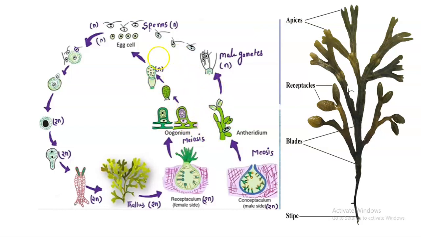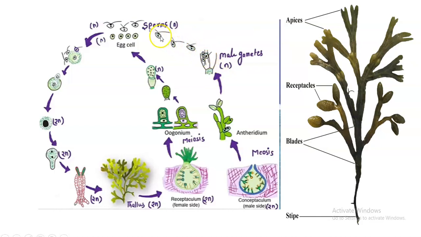Then these cells will metamorphose into male gametes bearing two flagella, and you have to remember that these flagella are not alike. One flagellum will be elongated and the other will be small. It is not represented properly in this figure.